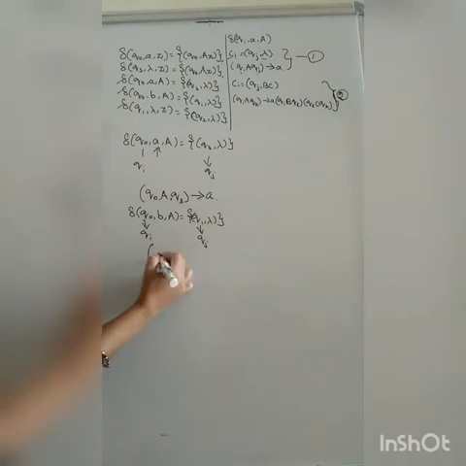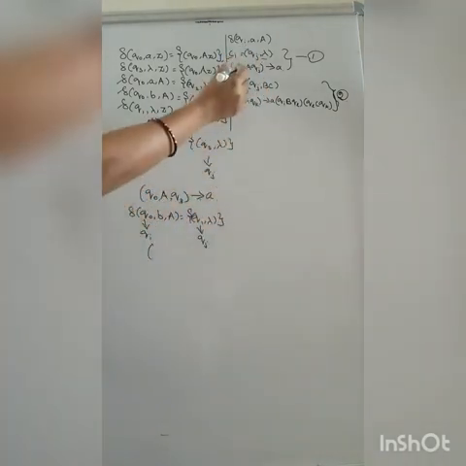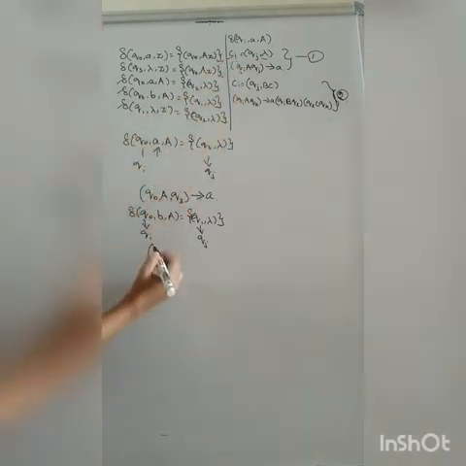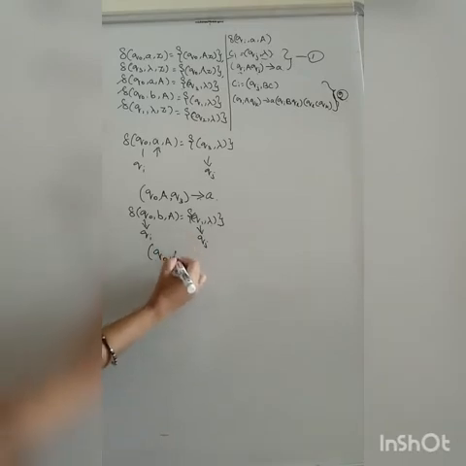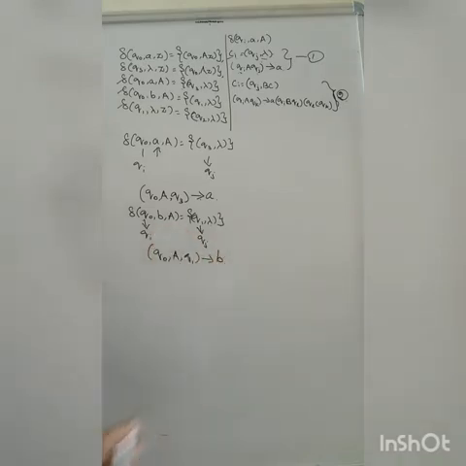So you can define the grammar. Since we have lambda here, we can define the grammar by this methodology. So you can write Q0 comma A comma Q1 tends to the input symbol B.